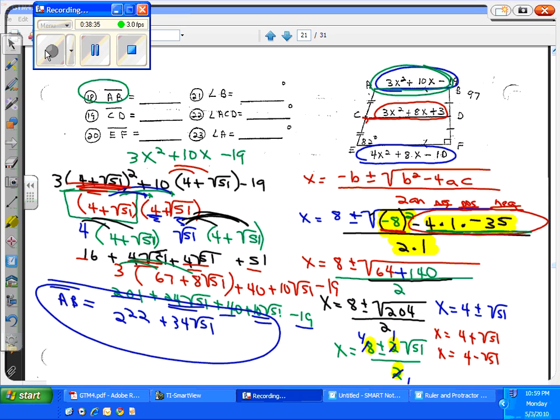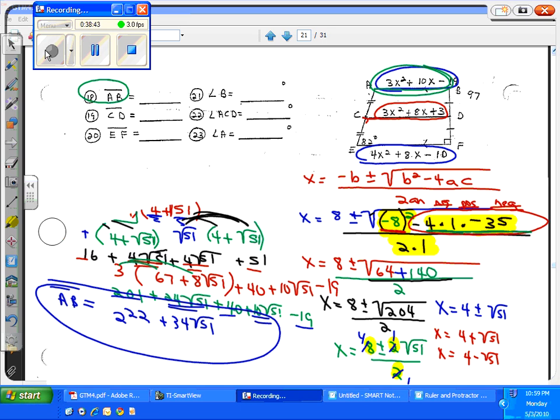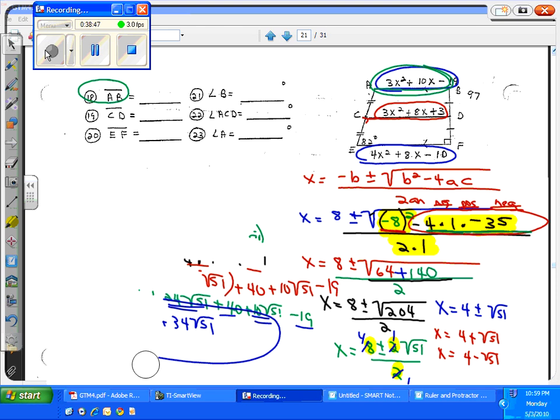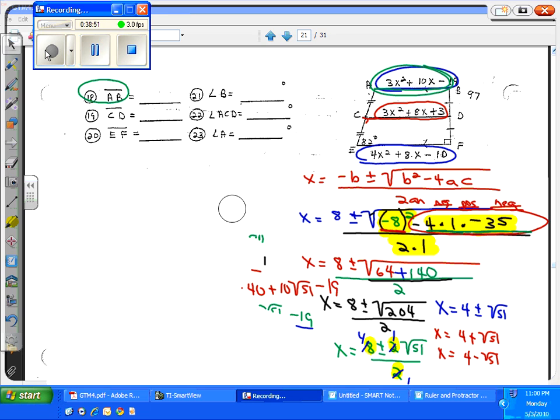You would have moved everything to the left and set it equal to 0. When you move it all to the left, after all that's said and done, let me go back and fix it. I apologize for making a mistake, but look at all the good math we got to go through.